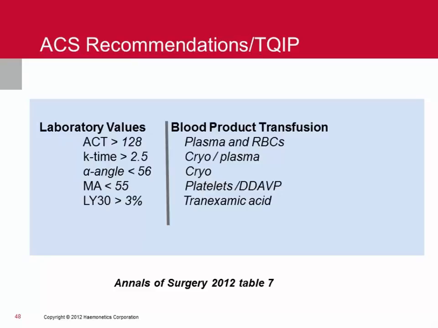They've done literally thousands of TEGs and ACTs. And the guys up in Denver Health, Moore, they've done an equal number of them as well. And they came up with these values that the ACS is using. So ACT greater than 128, K greater than 2.5, angle less than 56, MA less than 55, and LY30 greater than 3%. These would be the appropriate intervention.